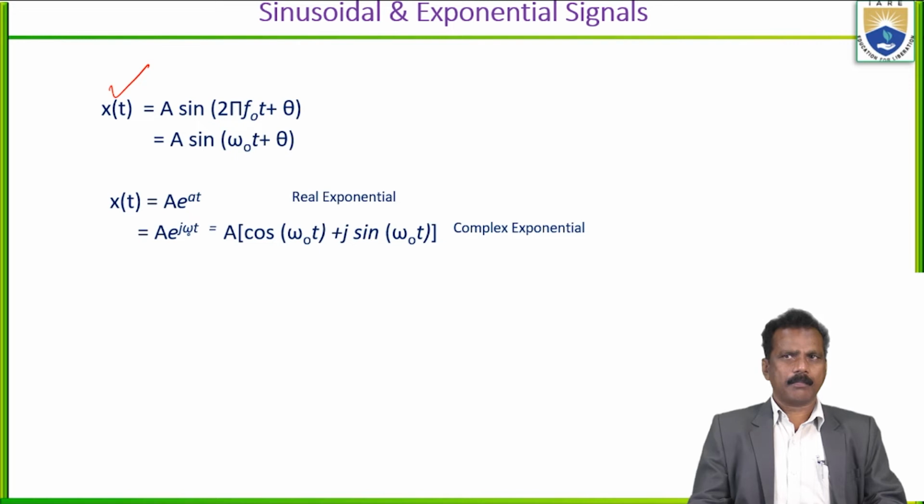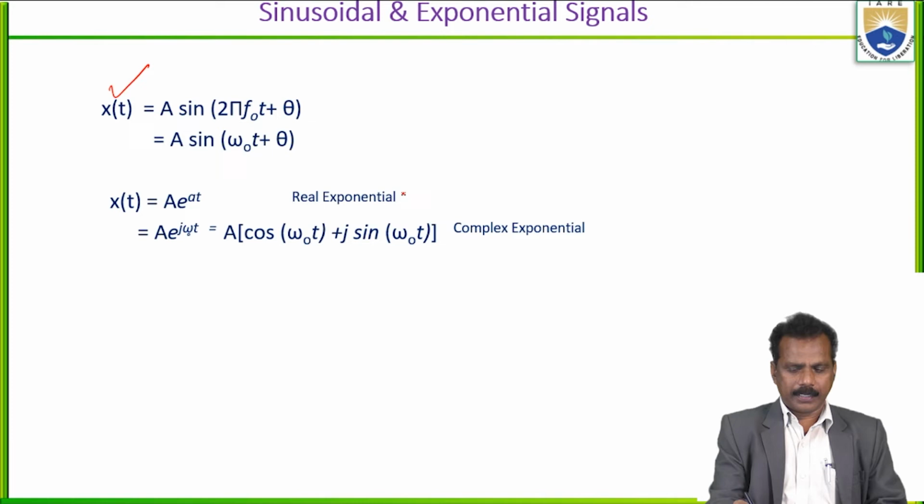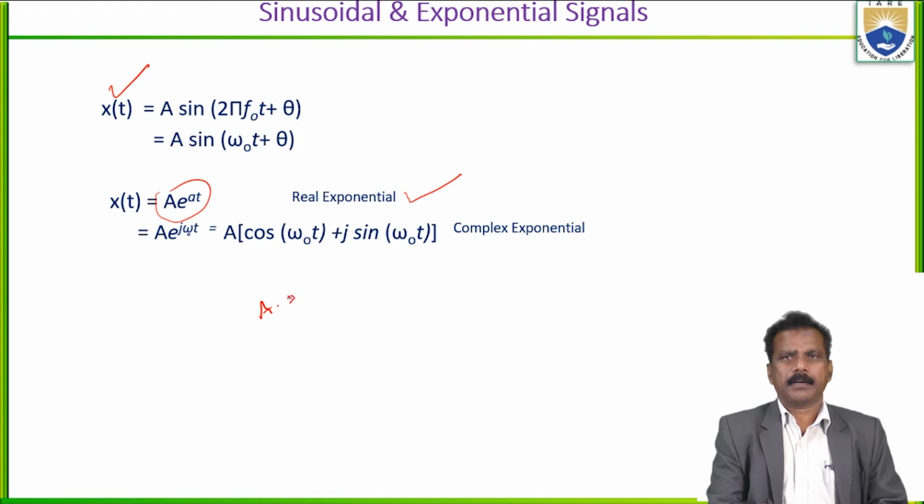For the complex exponential, x of t equals A e power j omega naught t, which is also equal to A of cos omega naught t plus j sine omega naught t.